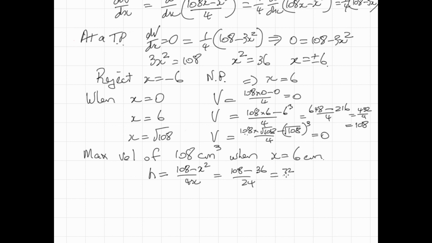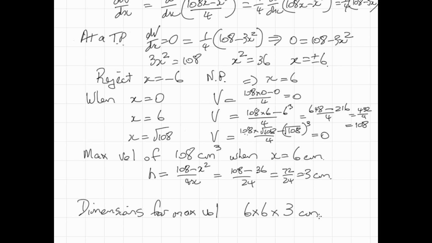What is that? 72 on 24, which is equal to 3 centimetres. So that's our h. So dimensions for maximum volume are 6 by 6 by 3 centimetres. So that will give us the maximum volume.